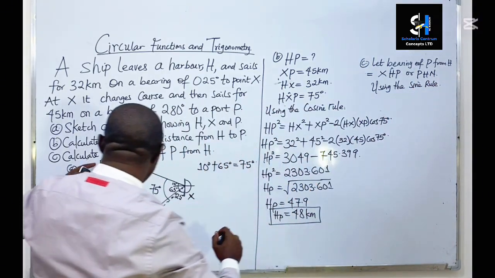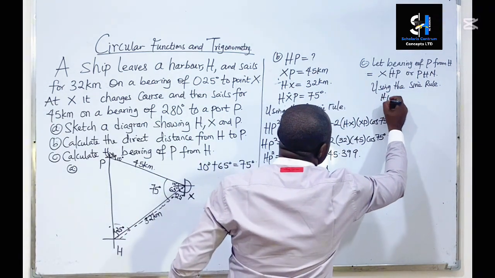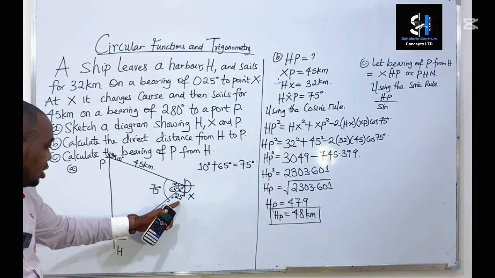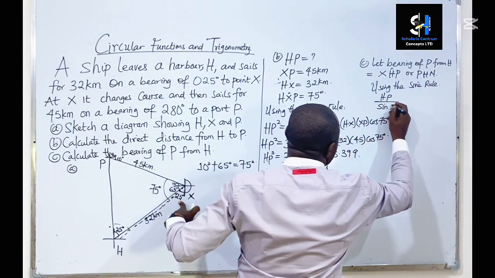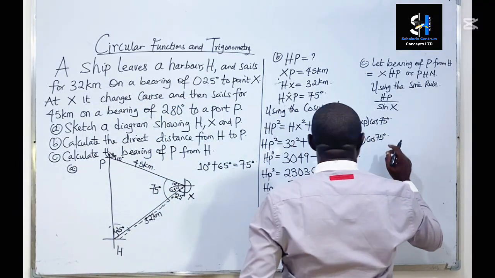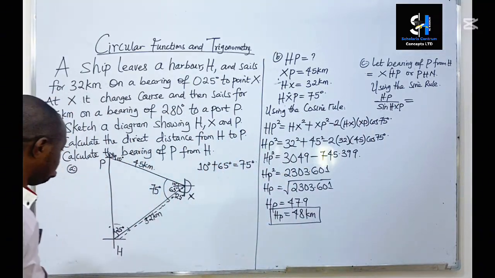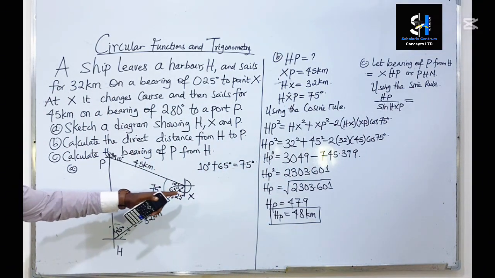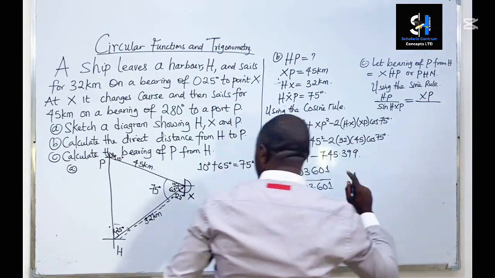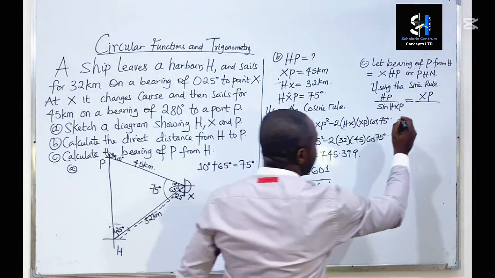We're going to use HP over sine HXP, which is angle HXP, and that will be equal to XP, which is 45, over sine XHP.